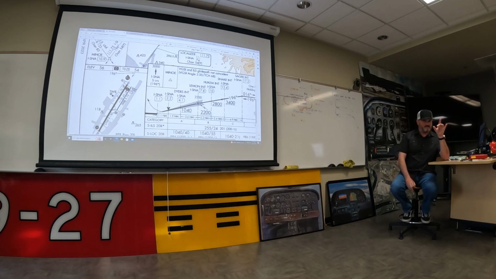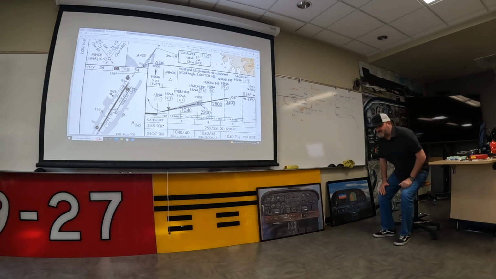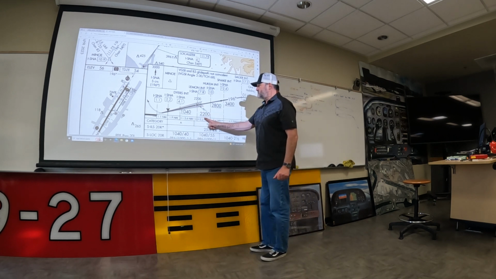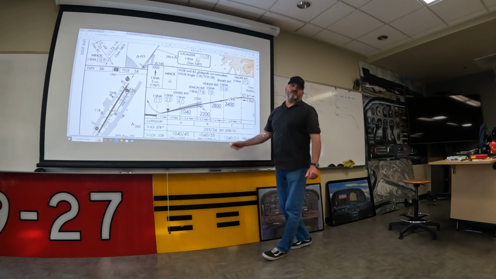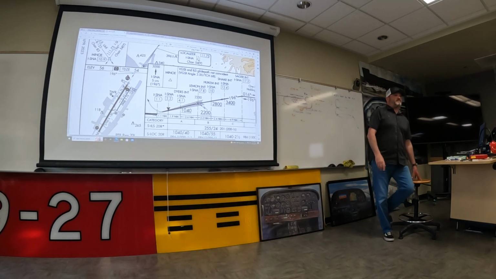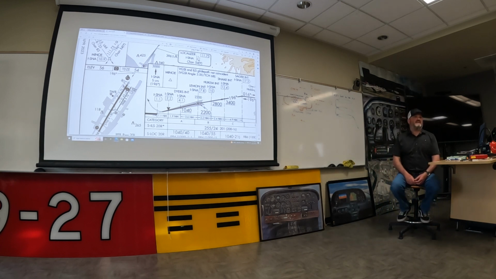Here's another final approach fix. This right here. That arrow at 2,200 feet is the final approach fix for a precision approach, in this case, the ILS. That's labeled as glide slope intercept.